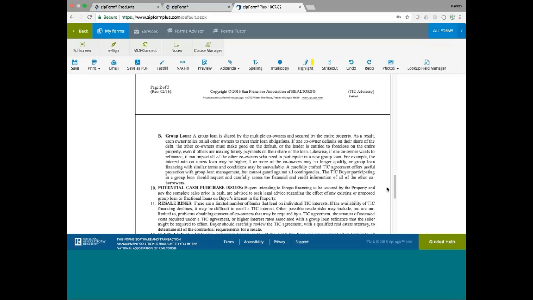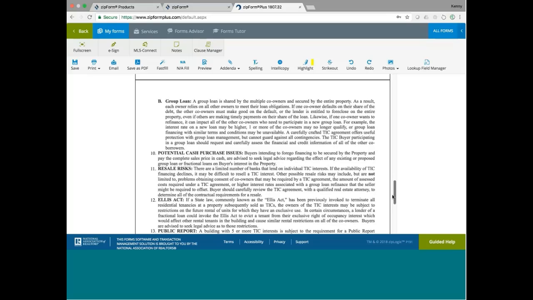Potential cash purchase issues. Buyers intending to forego financing secured by the property and pay the complete sales price in cash are advised to seek legal advice regarding the effect of any existing or proposed group loan or fractional loans on the buyer's interest in the property. When you have a group loan and you are paying cash, sometimes certain loans don't allow early payoff.